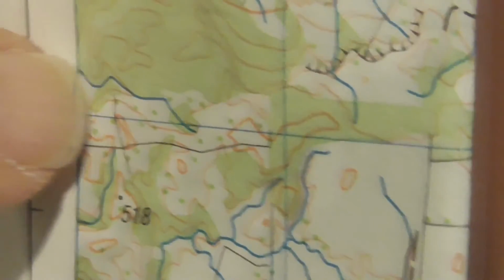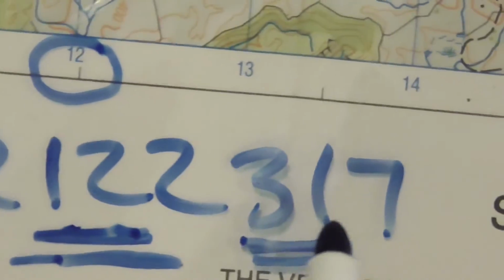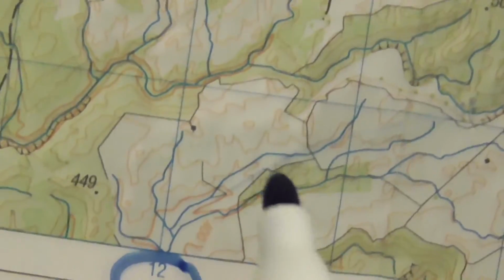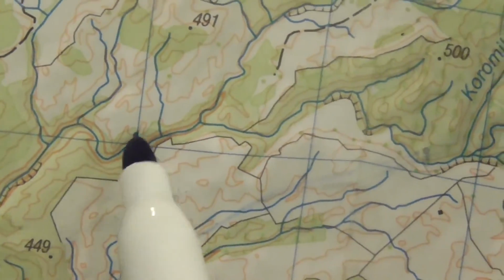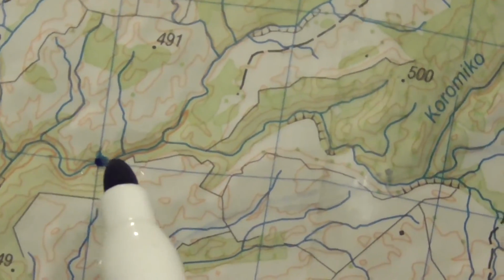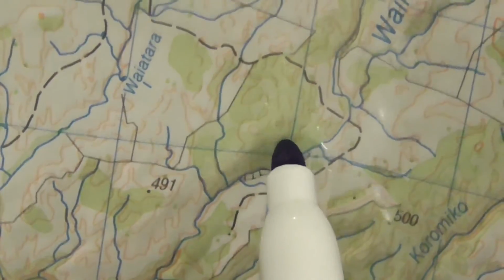The first northing line is the first one up. So we'll flick it back over. We've got grid reference 1, 2, and then the 3, 1 would be the first line up, which is here. So this here is the grid square that we're going to be dealing with.